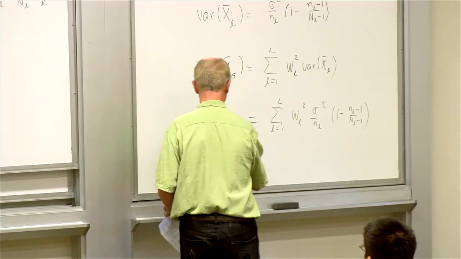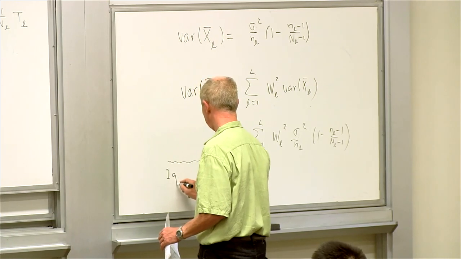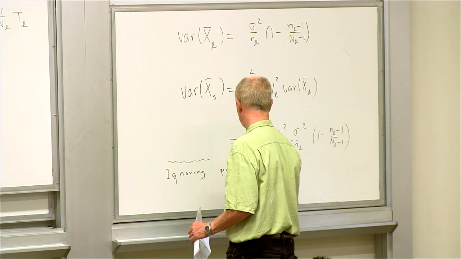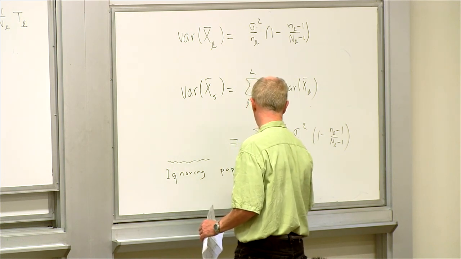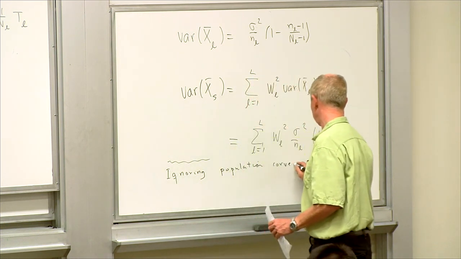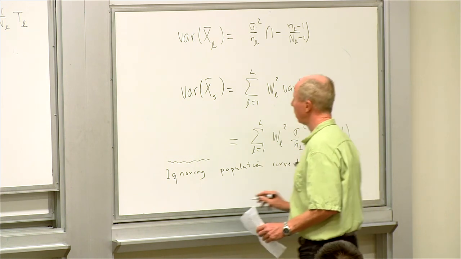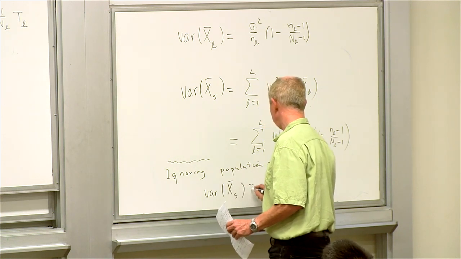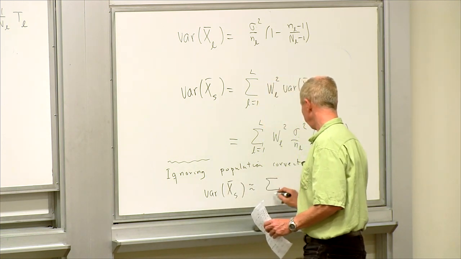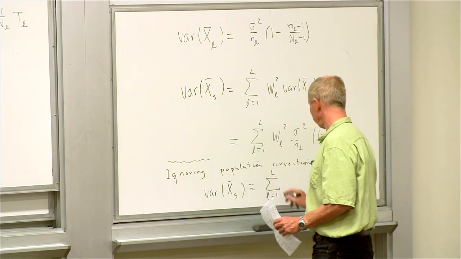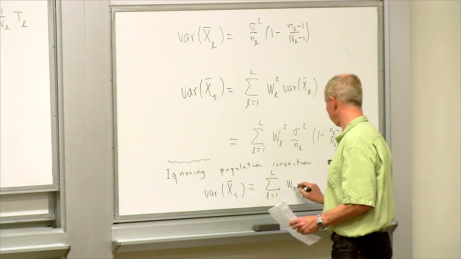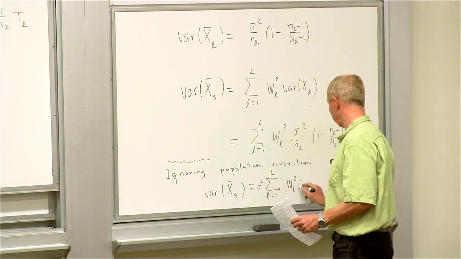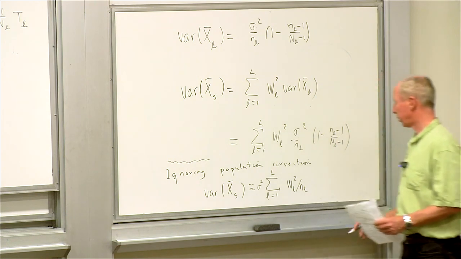Let's say we ignore the population correction; the variance of our estimator is approximately this, sigma squared.